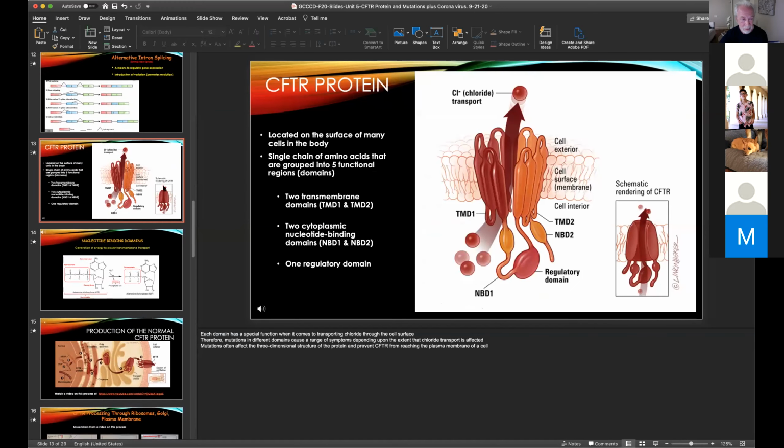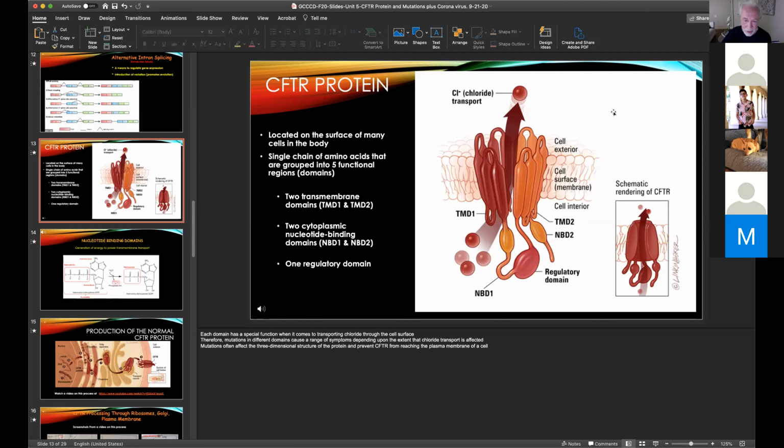All right, getting to the protein itself. The CFTR protein is located on the surface of many different cells in the body. It's a single chain of amino acids. There are 2 nucleotide binding domains, and there are 12 transmembrane domains, 6 on either side here.